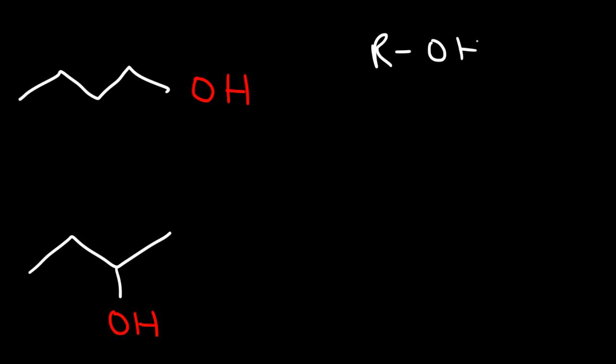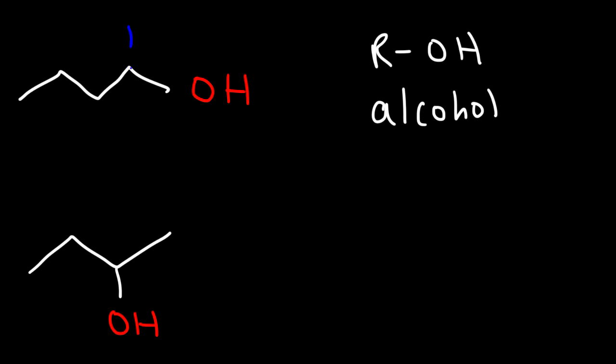Now what about this one? What type of functional group do we have here? So if you see an OH group attached to an R group, this is known as an alcohol.